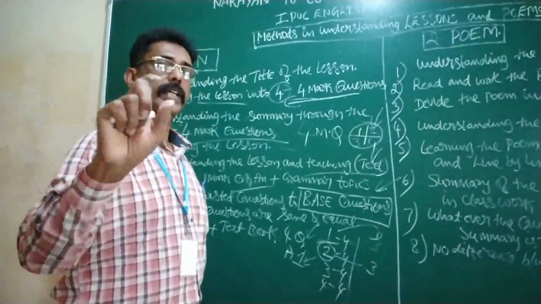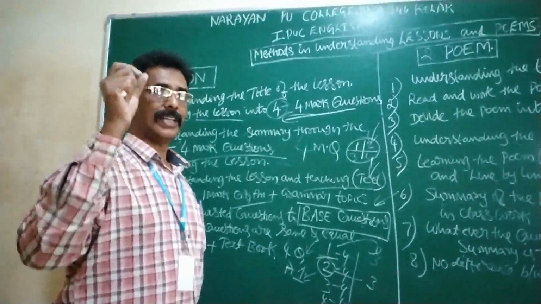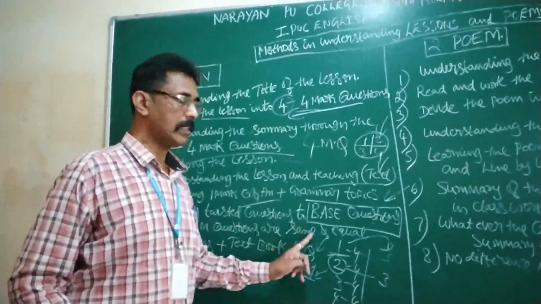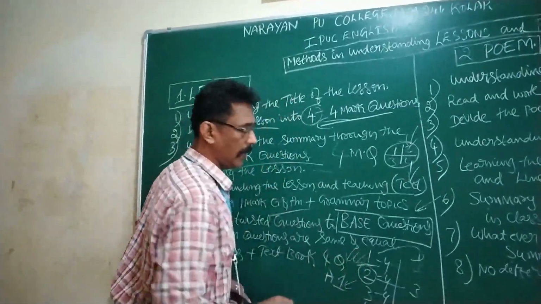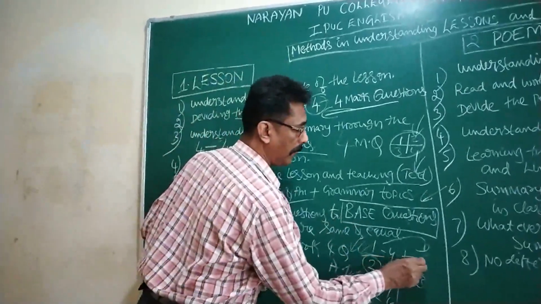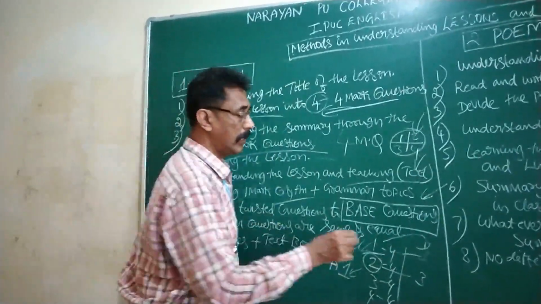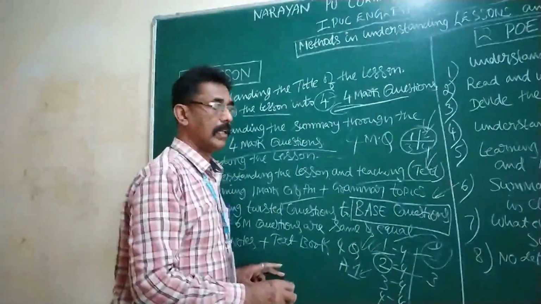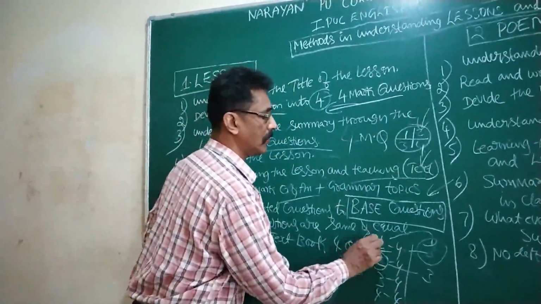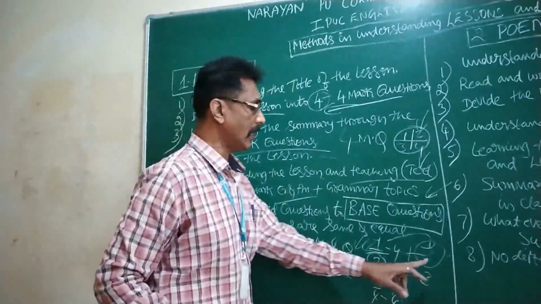Play this short video often. Catch the essence of teaching. This is one method. Once more I say, 1 base question will be given. We must prepare, or we will give, 3 additional 4-mark questions to the same answer. Same answer, base question, additional or twisted questions.